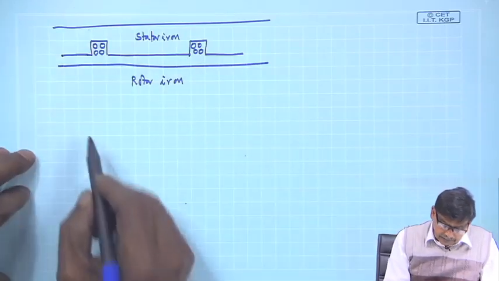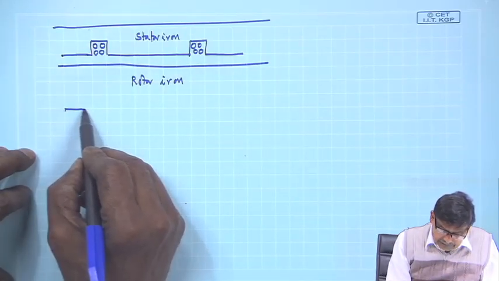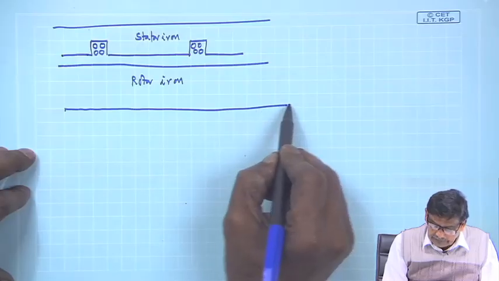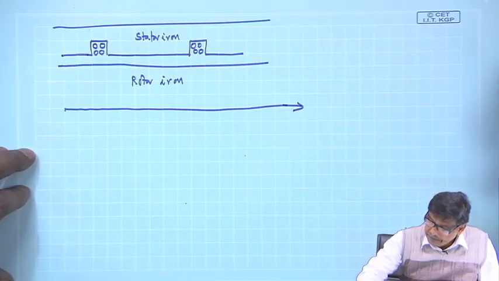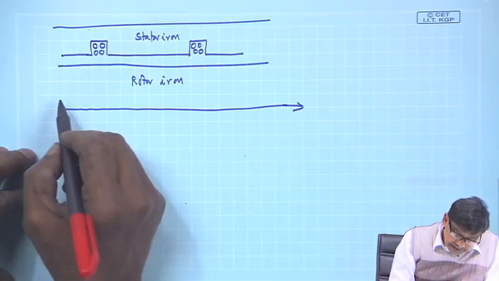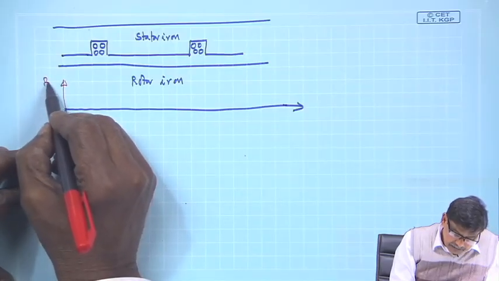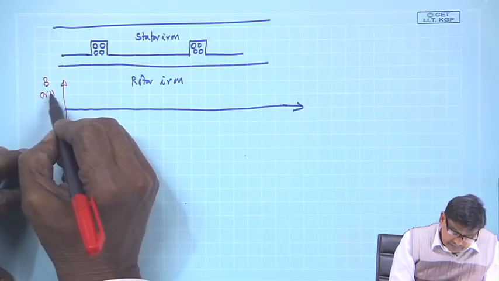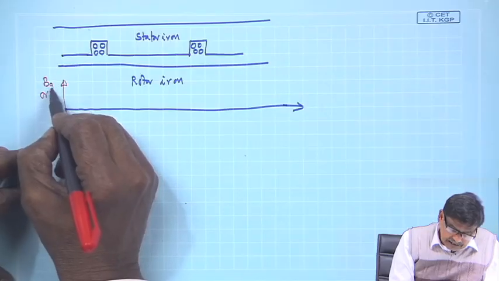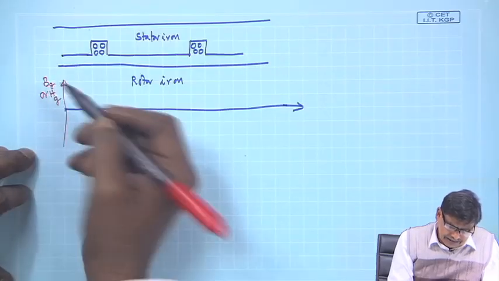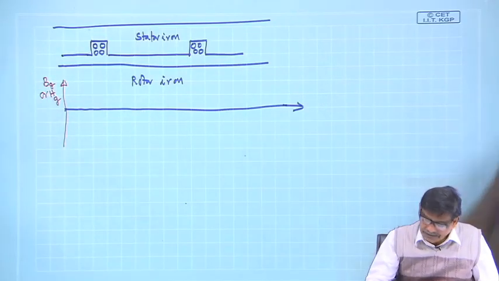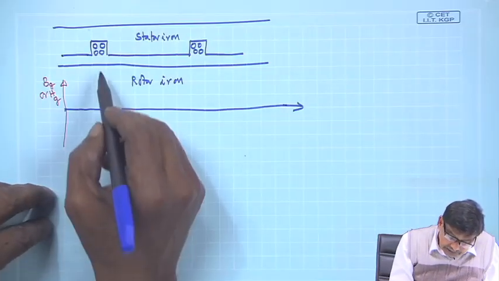Then against distance in space, if you sketch B or H, BG, HG, generally I will avoid the G later after we get accustomed to it.